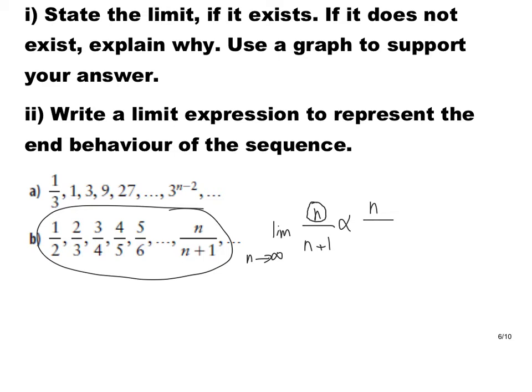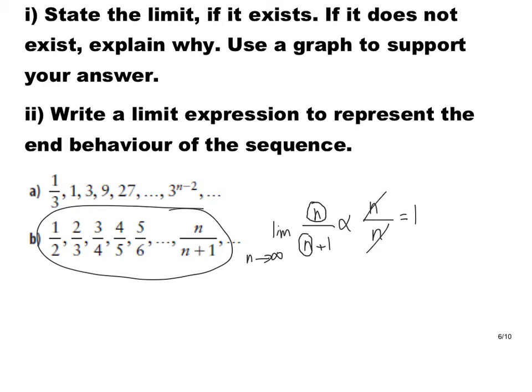In the denominator, the contributing term is n again, because when n goes to infinity, infinity plus 1 is going to be the same as infinity. If we simplify n and n, we get 1. This means that this series is going to have a limit equal to 1.